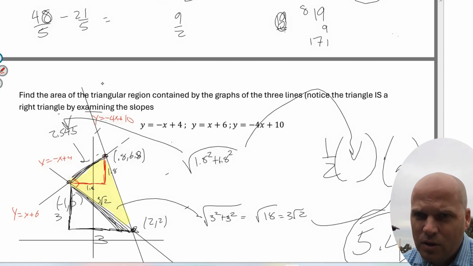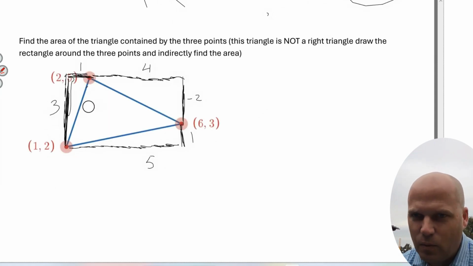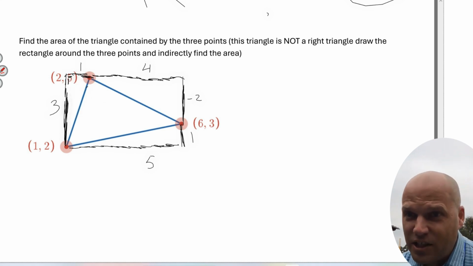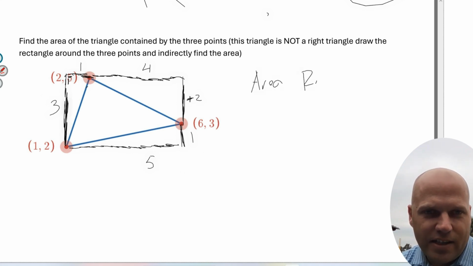So how do we find the area if it's not a right triangle? Well, I see triangles here, and I see a rectangle here. You can see the rectangle is a 5 by 3. I could find the area of the rectangle.